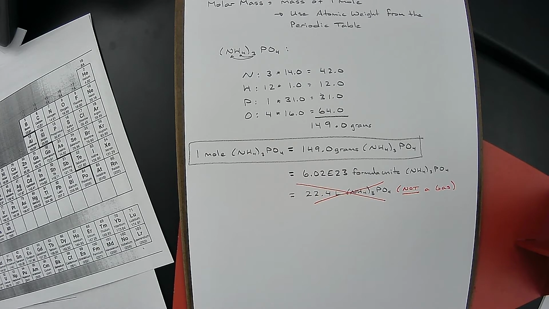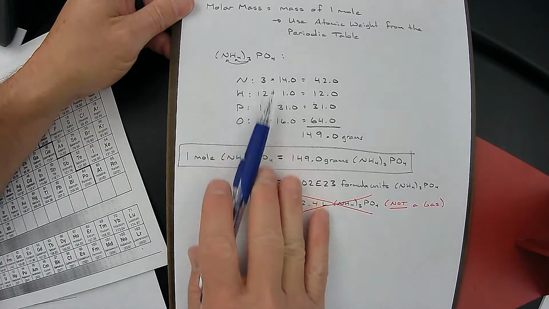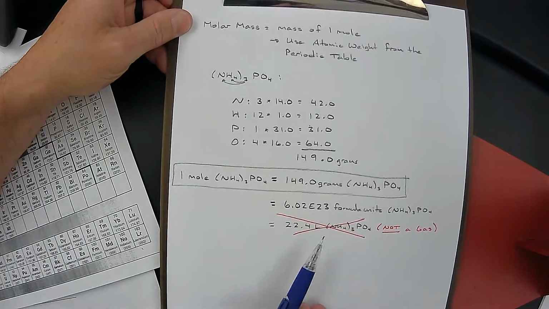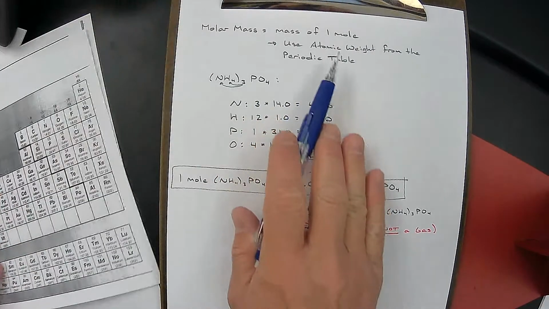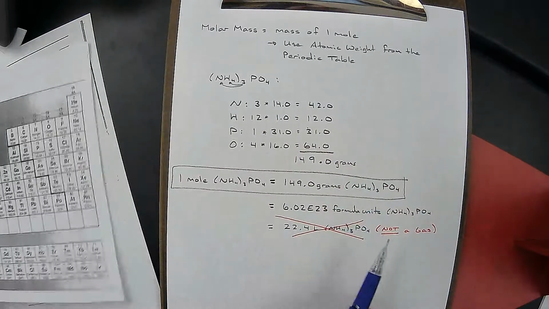So this is how we calculate the molar mass of a compound. The mass of 1 mole, we use the periodic table looking at the atomic weight.